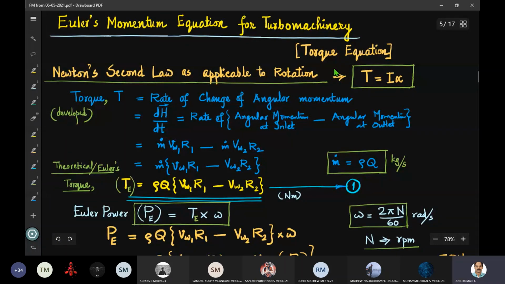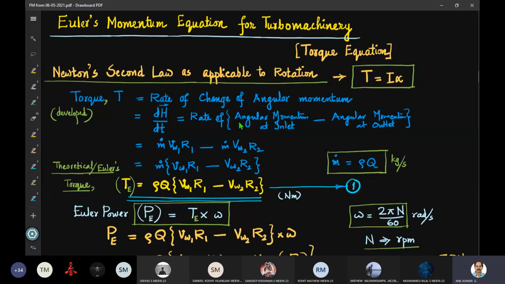Consider a number of these unsymmetrical vanes we discussed fixed on the periphery of, say, a wheel, and the jet is striking the vanes one after the other. Then the torque developed in the wheel causes the wheel to rotate.